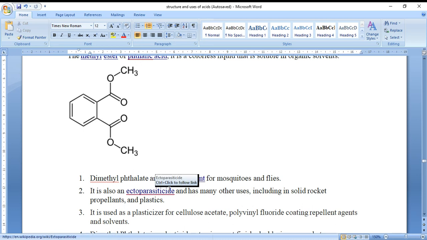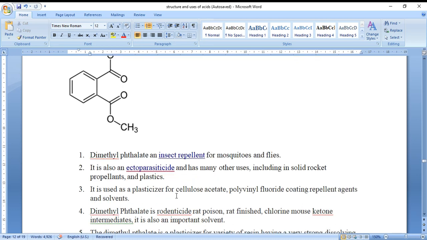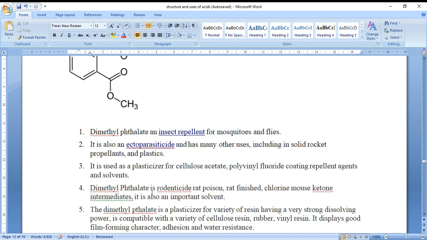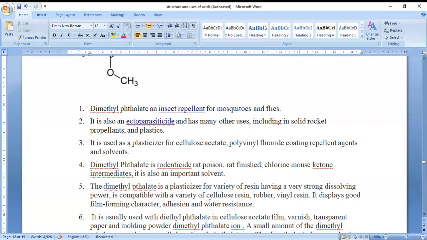It's also used in solid rocket propellants and plastics, and as a plasticizer for cellulose acetate, polyvinyl fluoride coating, repellent agents as well as solvents. And dimethyl phthalate is a rodenticide, a rat poison, so it can be used as a rat poison, and it is one of the ketone intermediates, and it is also used as an important solvent.